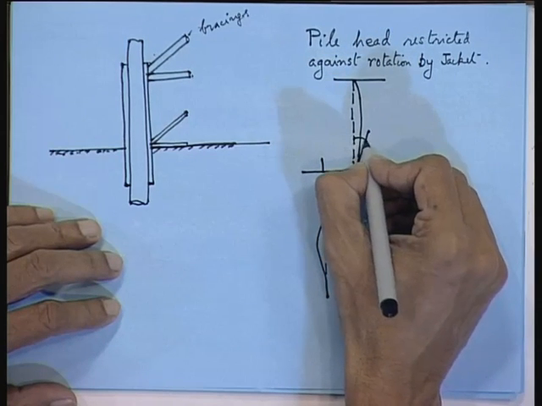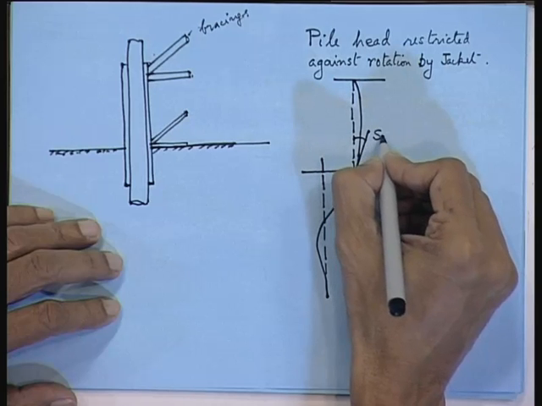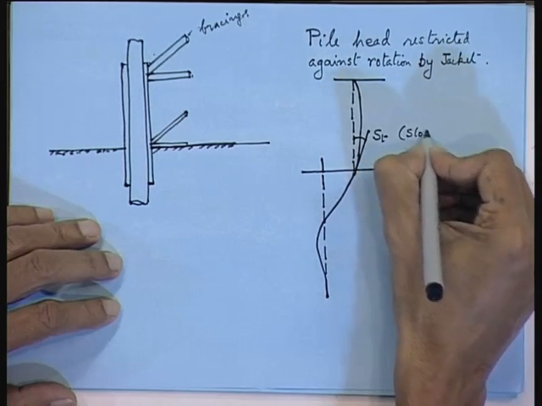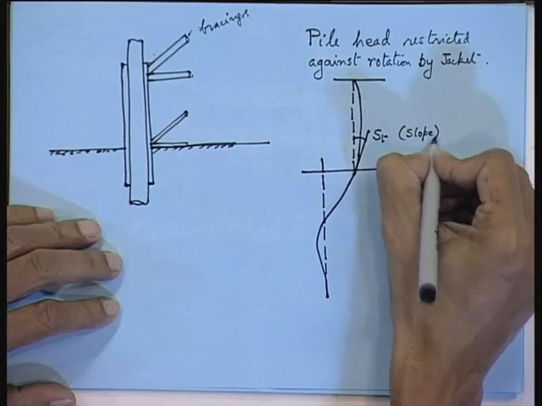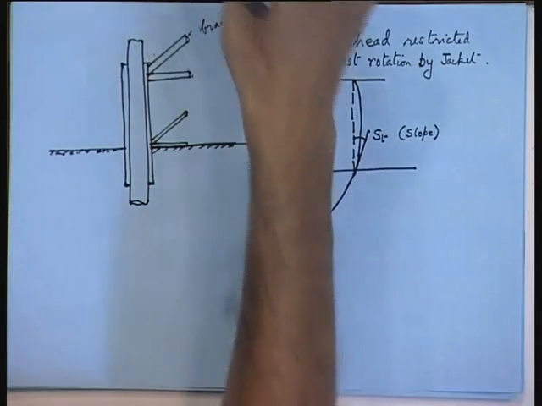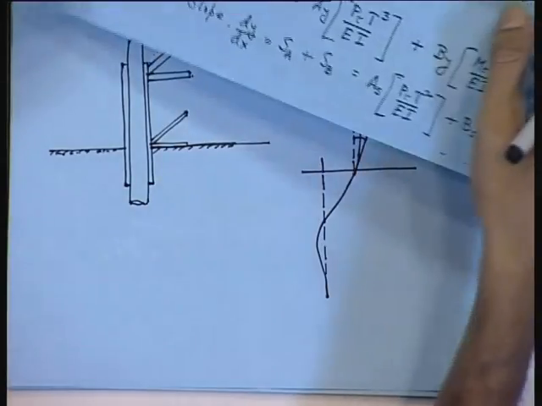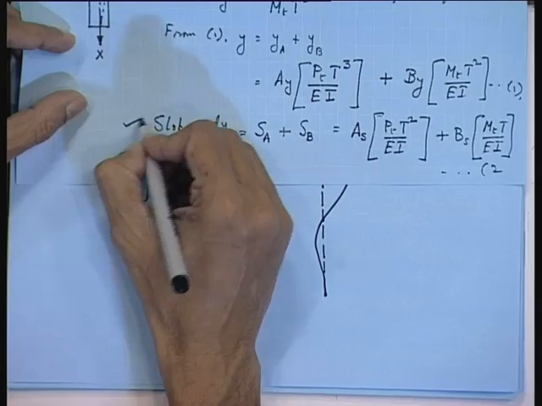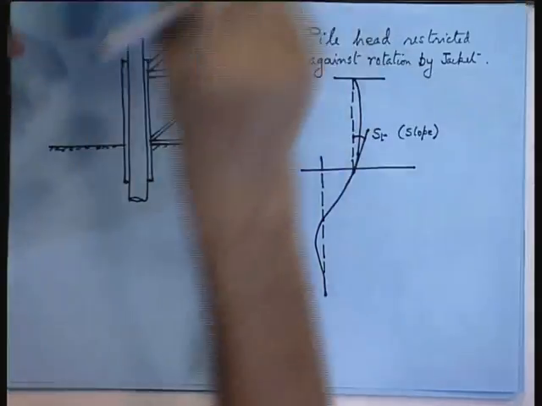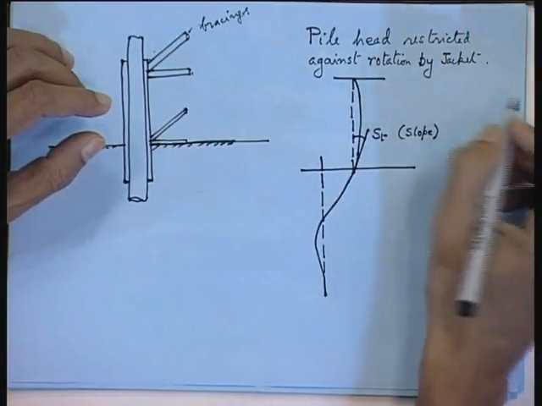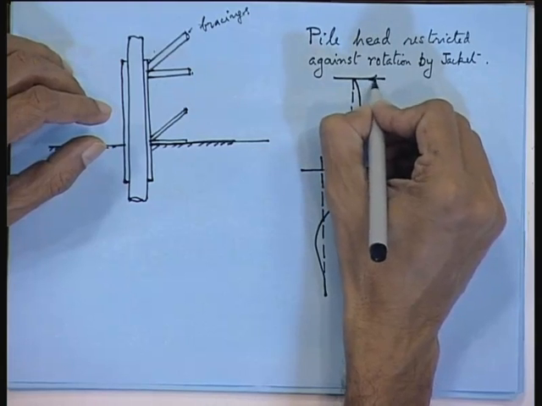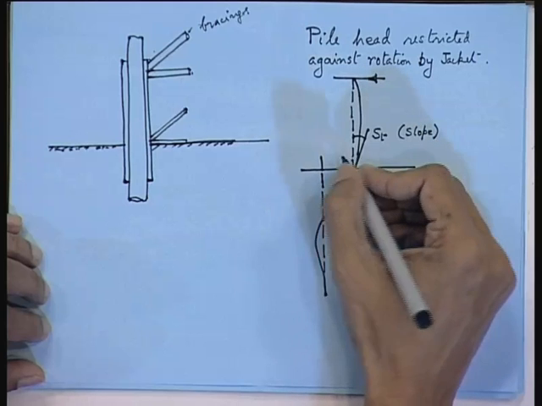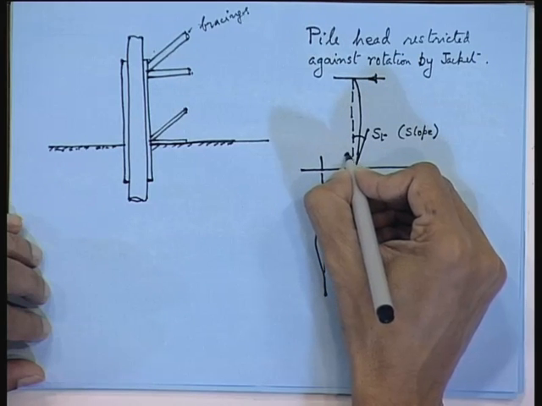This slope, you mark this as ST. So, I am writing this as slope. Now, we will employ this same slope equation. The slope equation that we have derived is this one. So, we will try to use this in our analysis. Now, suppose your wave load is coming at this point, so you will be getting one moment at the seabed.